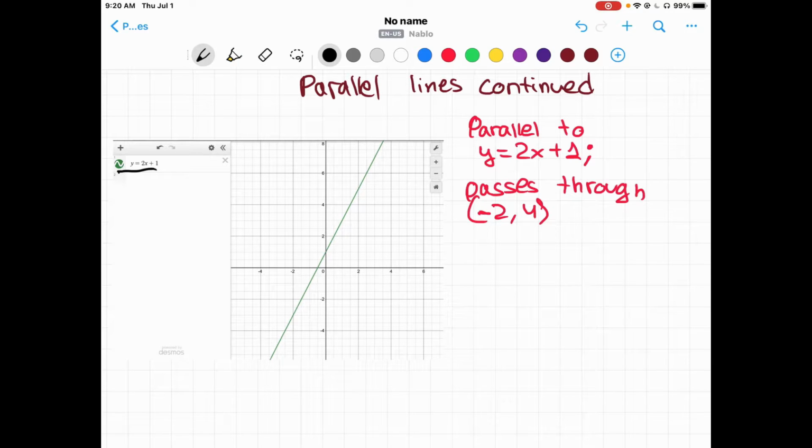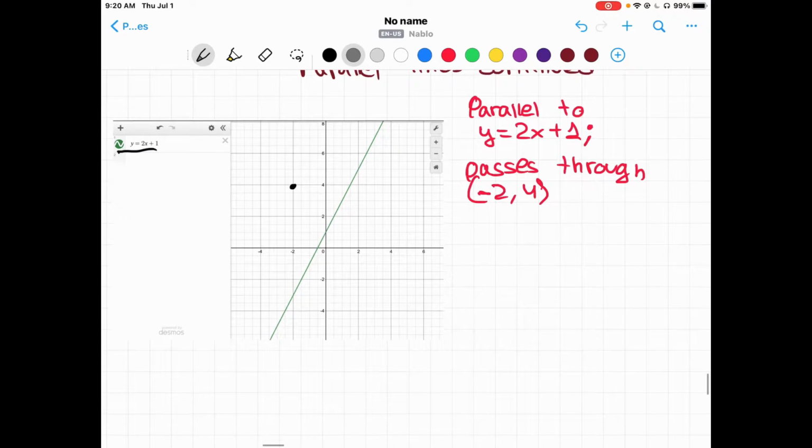So y equals 2x plus whatever number except for 1. They're also asking us that the line passes through the point negative 2 comma 4. So it has to pass through this point. And now we're going to use point slope form in order to solve this problem. If you haven't watched that video, go ahead and do that so you can properly understand.